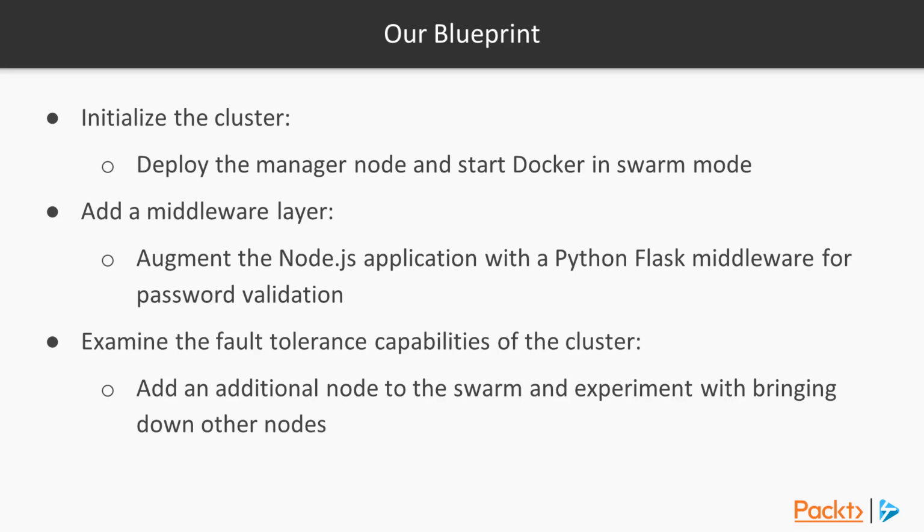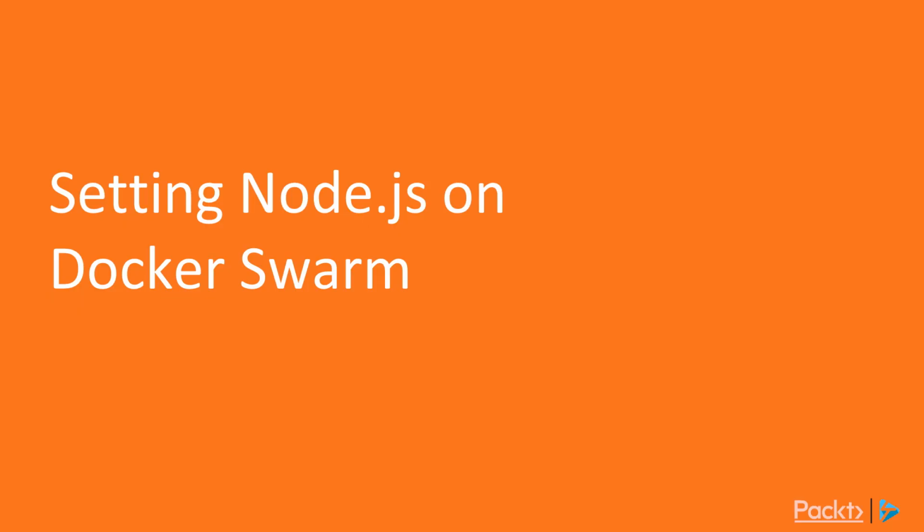Finally, we are going to examine the fault tolerance capabilities of the cluster by adding an additional node to the swarm and experiment with bringing down other nodes and see how the cluster behaves in case of one node down. In this video, we are going to learn how we can set up a Node.js API on Docker Swarm.